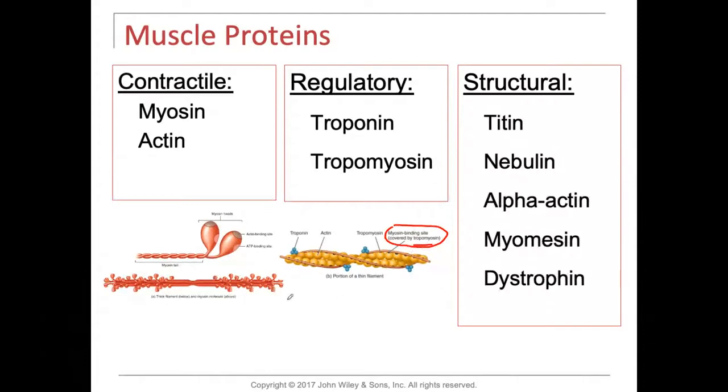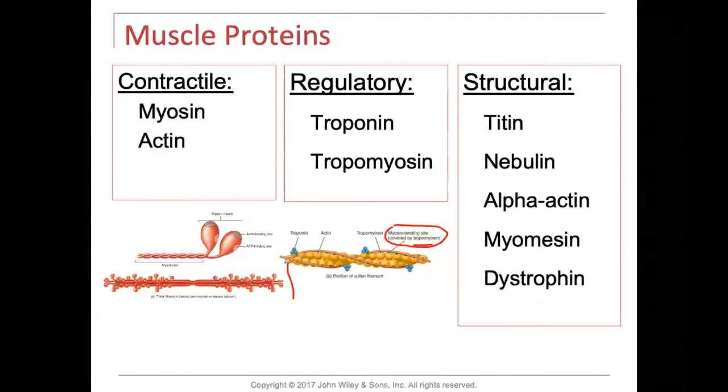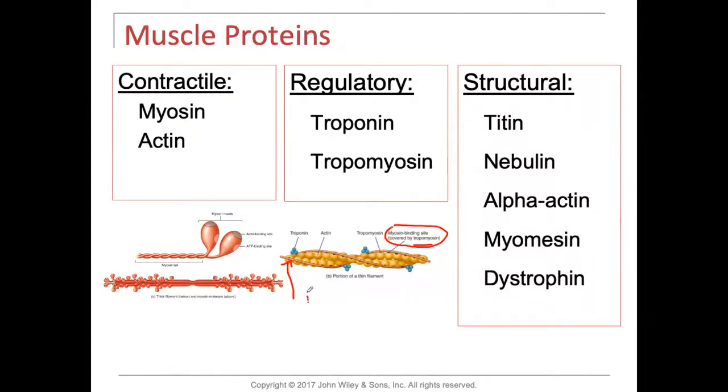The binding sites are these little targets, these little circles that we see here, those black round circles. Those are binding sites. And you could see that tropomyosin is actually covering them. That protein is covering the binding site, and troponin is actually helping. It's holding those strings in place.